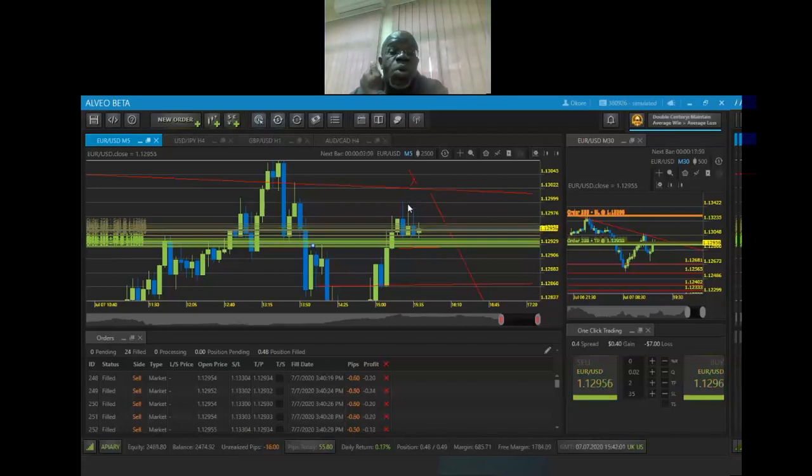Because if you look at this long wick stopped at the body of this candle over here, and the lower part of the candle, if the candles come and close below this, then yes, I think we are now officially on a sell. But until then, anything can happen.